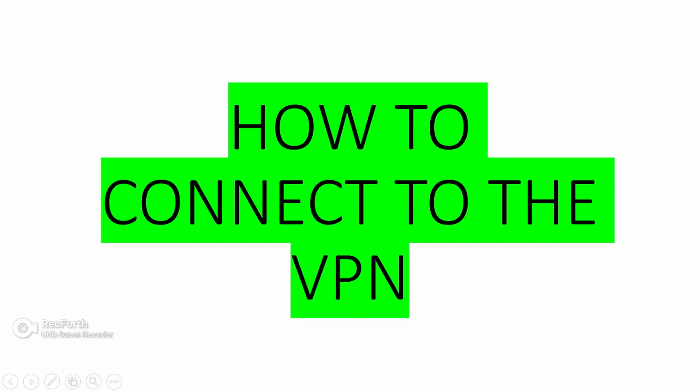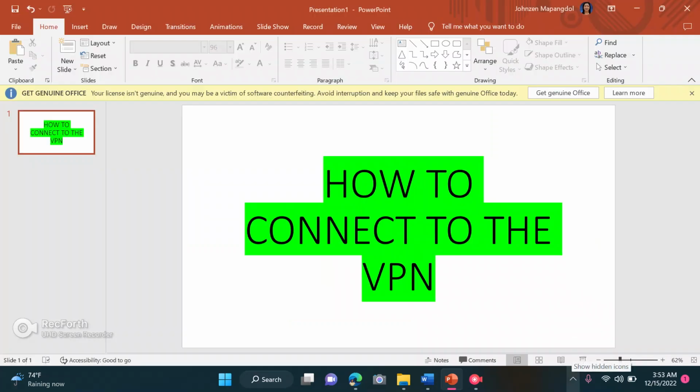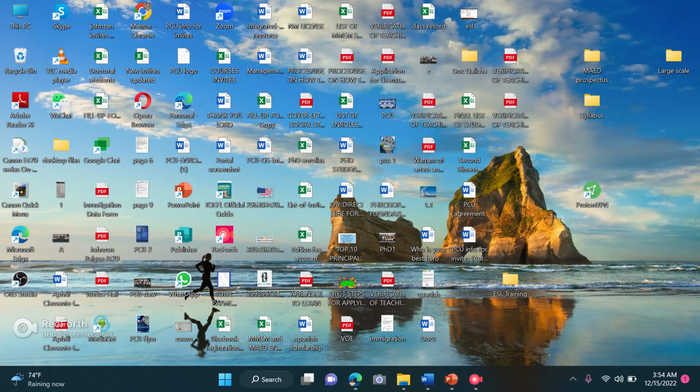Now I will show you how to find a free VPN. Okay, guys, all you have to do is go to Google and search for the free VPN. But in my case, I will just show you what I am using. We have here the Proton VPN. This is a free VPN. You will not pay for it.